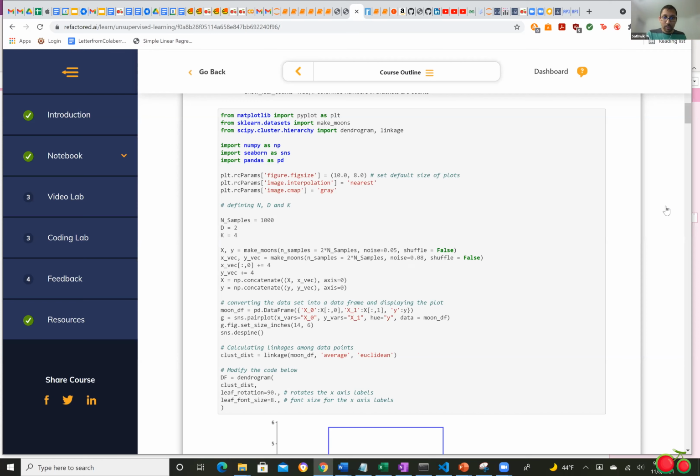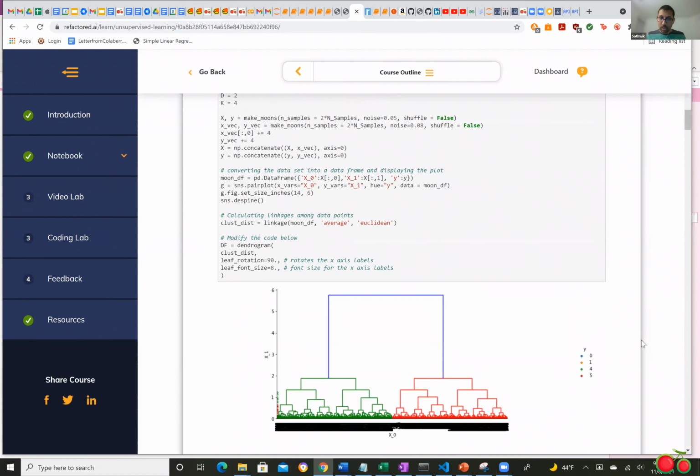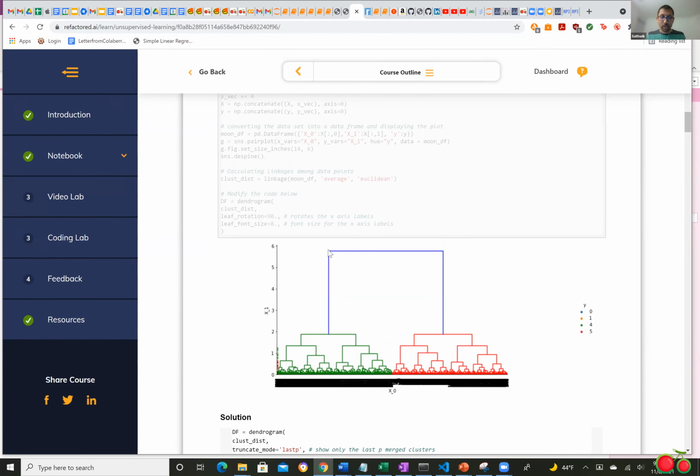That's the average method, and this is the data set itself, moon_df. Once I do the linkage part, the clusters themselves are created. Then I just pass the linkage output to the dendrogram function, and that function spits out this visualization.